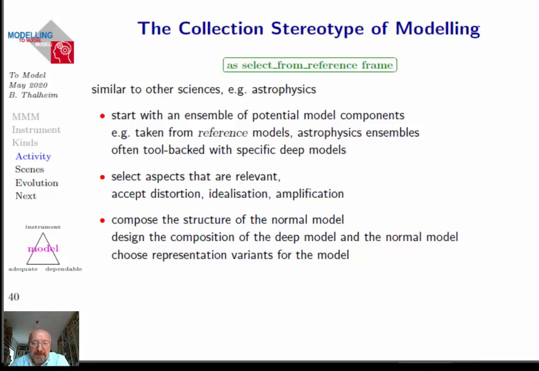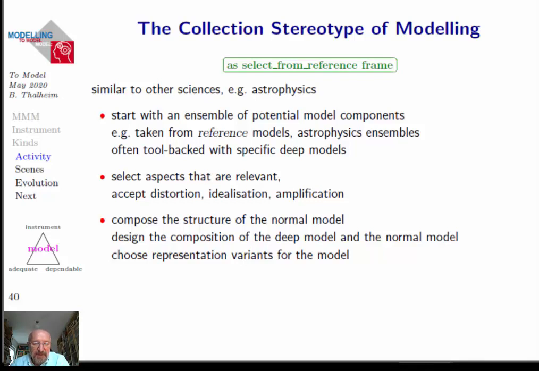We start with an ensemble of potential model components, somehow taken from reference models, from some kind of astrophysics ensembles, often tool-backed with specific deep models, often based on some select aspects, and of course based on some kind of composition of the structure of the normal model.